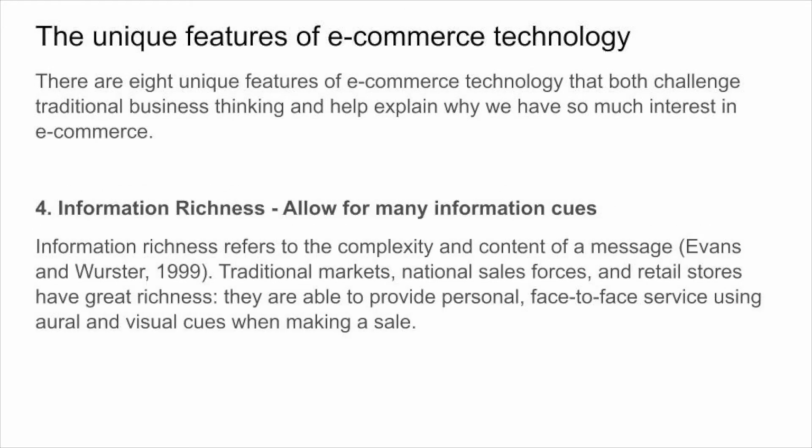Another key feature of e-commerce technology is the fact that it has all of the information of the world available to it. So it has very rich potential, and this is particularly true in today's world where we have video, audio, and it's moving even beyond simple video and audio to three-dimensional or some form of what we used to see on the old versions of Star Trek, where you could put on these glasses and see what you're thinking about.